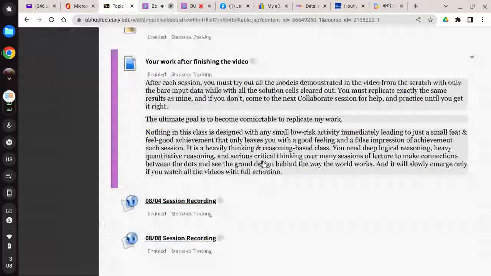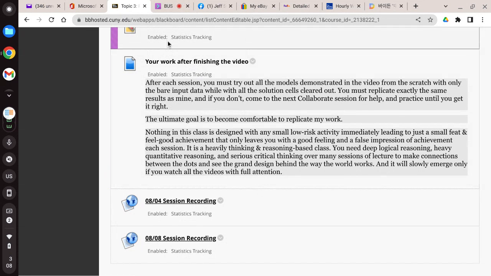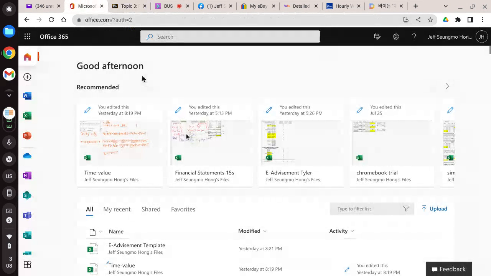So basically, yesterday we wrapped up everything about the reasoning or the logic behind the income statement. So we're going to take a look at the income statement example today.